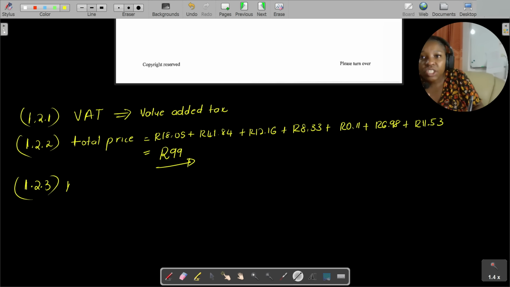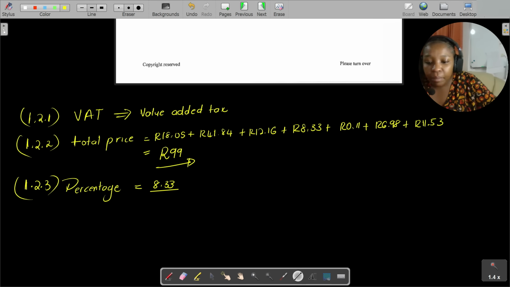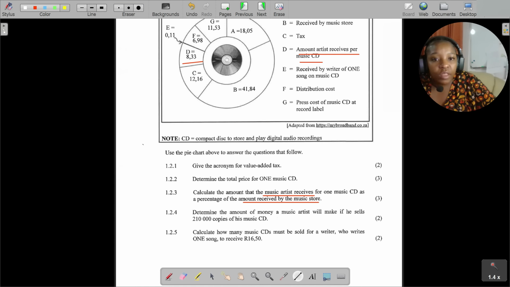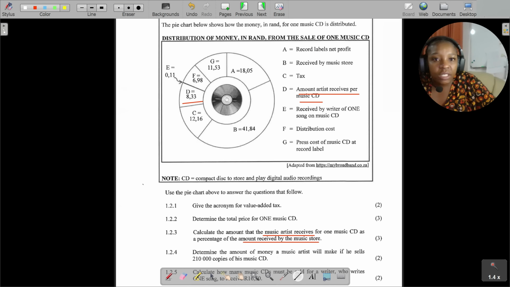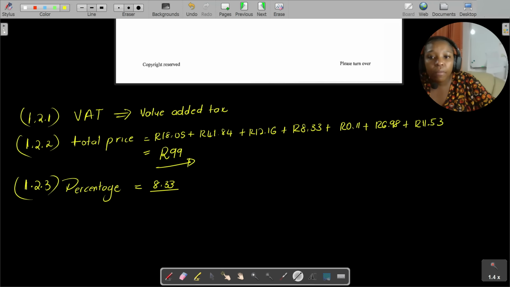The percentage is 8.33, how much the music artist receives, divided by the amount received by the music store. The amount received by the music store is B, 41.84. We want the percentage, so we're going to multiply by 100.